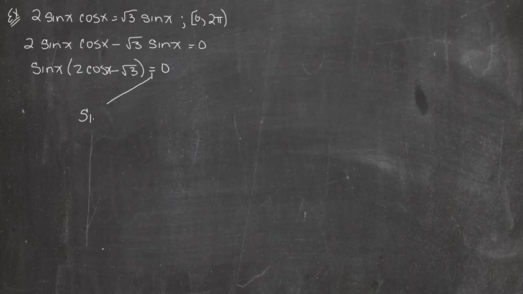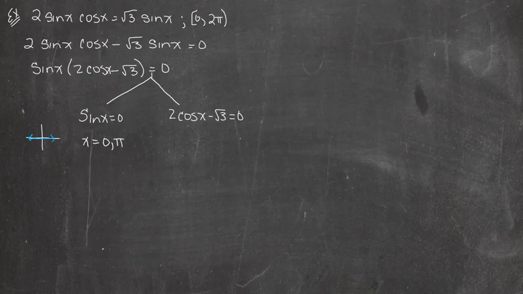We're looking for the case where sine x equals 0, and the case where 2 cos x minus root 3 equals 0. Well, sine x equals 0, that's easy. We know that sine x equals 0 whenever x or theta is 0, pi, and 2 pi, and multiples of those. And since we're looking on the interval including 0 but not including 2 pi, we're going to say x equals 0 and pi.